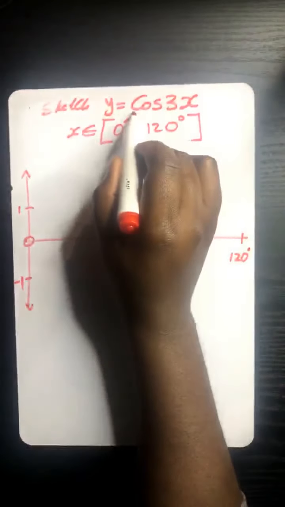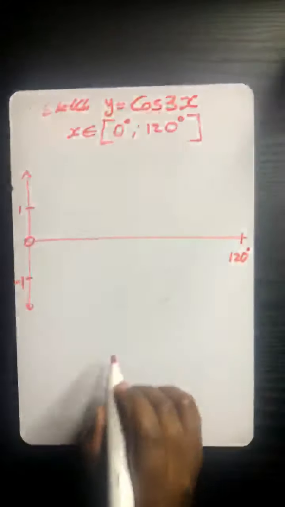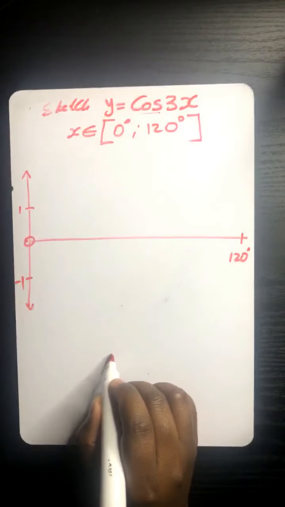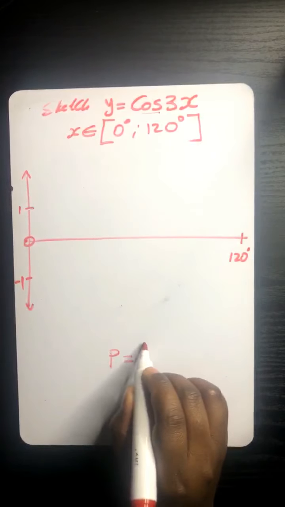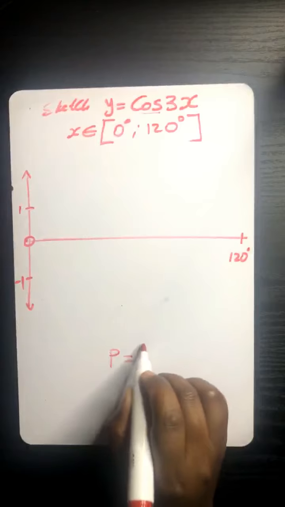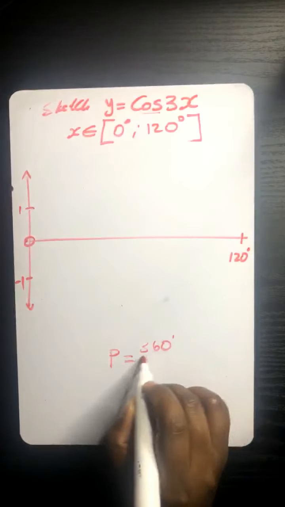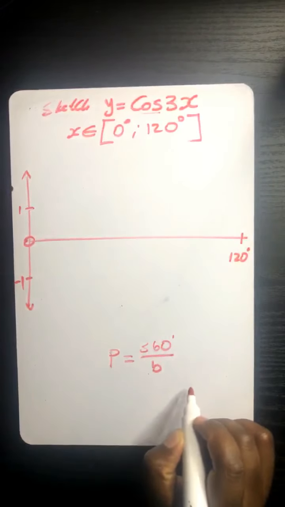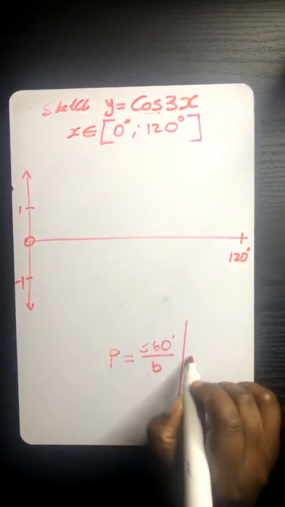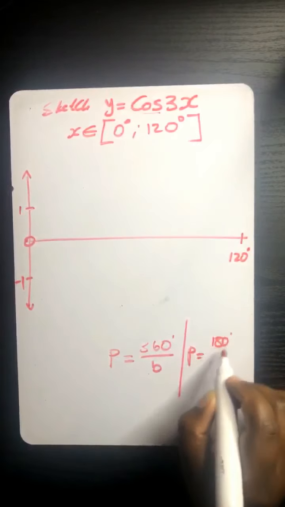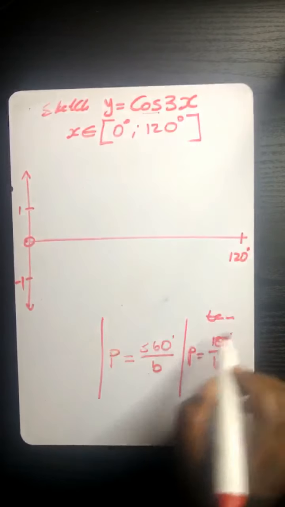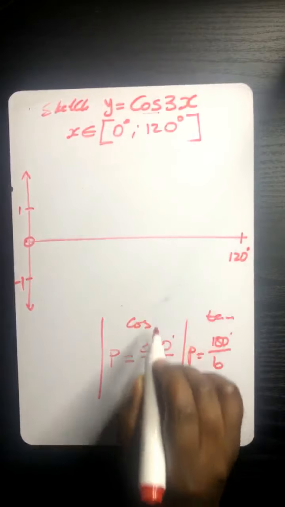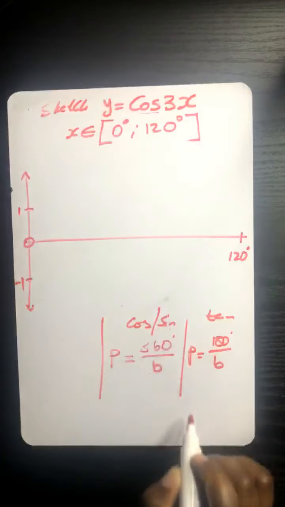So the moment you see cos, you know the period formula is P equals, for cos, 360 degrees divided by B. If it was tan, it would be 180 degrees divided by B. Let's say this is for tan, this is for cos, and also this is for sine.